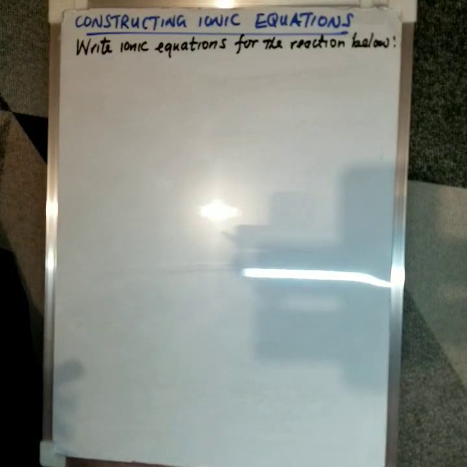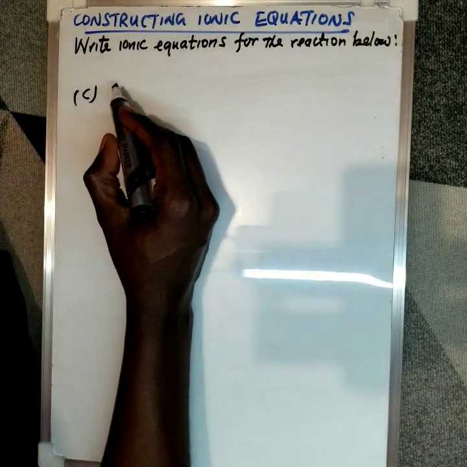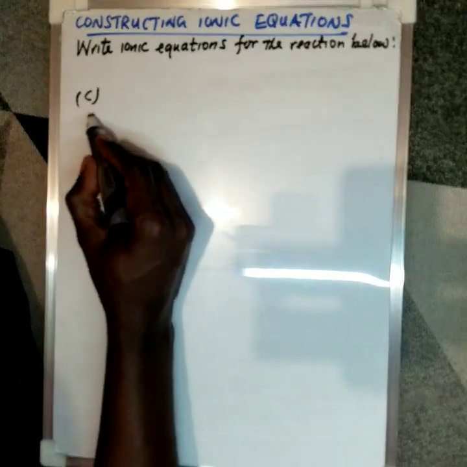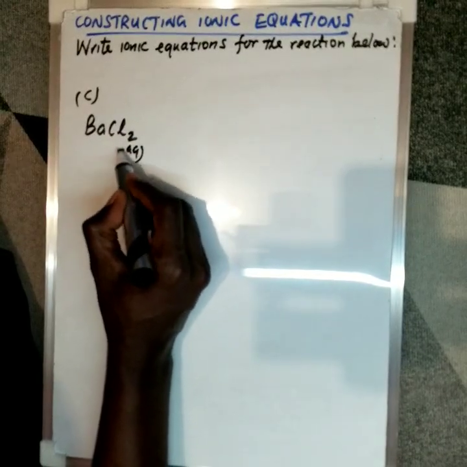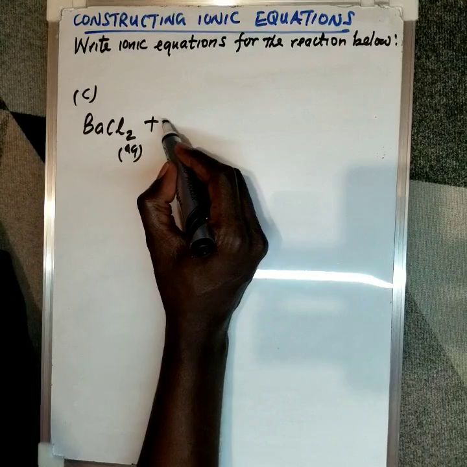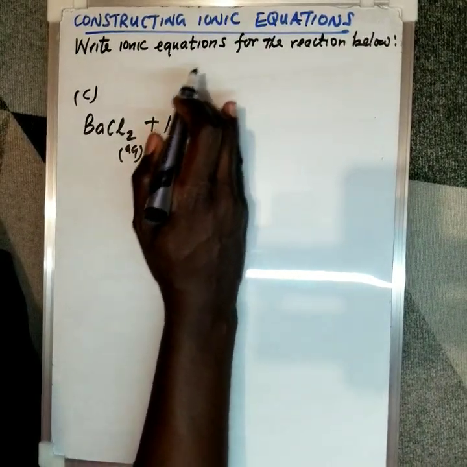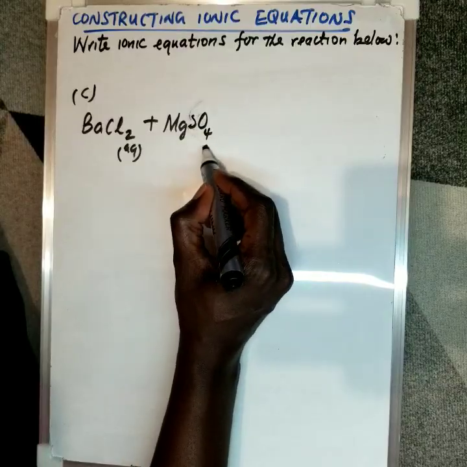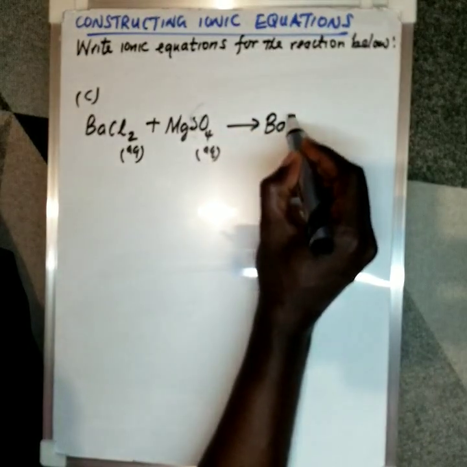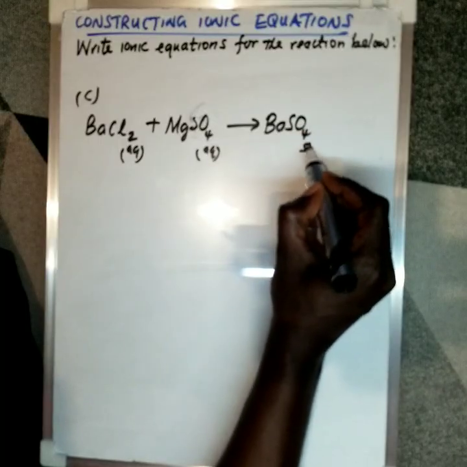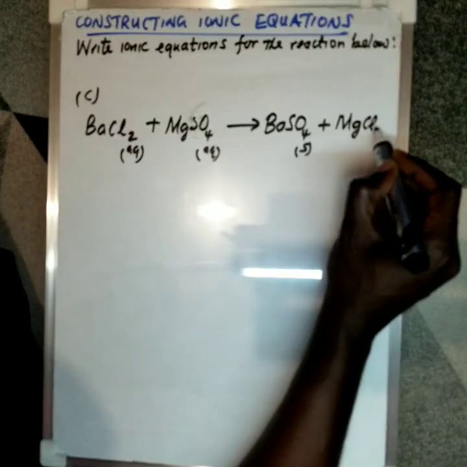All right, so let's say that we do have barium chloride. This barium chloride is in aqueous. It is reacting with magnesium sulfate, which is in aqueous, to form, in this case, barium sulfate, which is in solid form, and magnesium chloride.